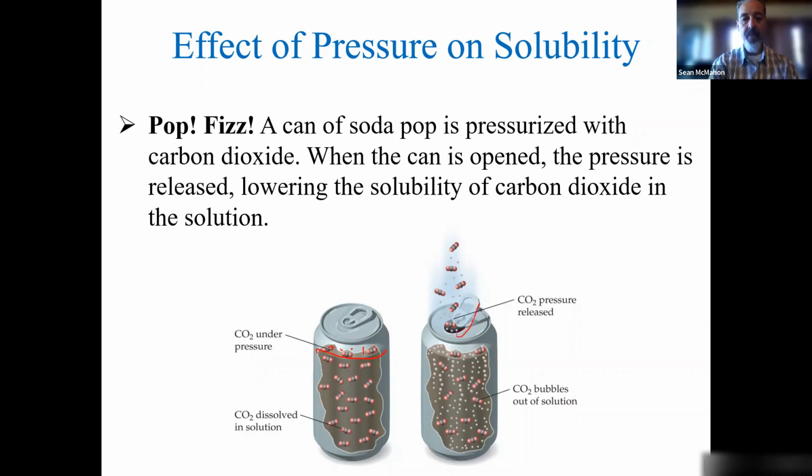As soon as I open this can to the environment, and it's no longer a closed system, the CO2 gas particles above, that's what vapor pressure is, the gas particles above the solution, can escape, which reduces the pressure above the liquid. When the pressure above the liquid is reduced, now the CO2 can escape along with the CO2 that was above the liquid.